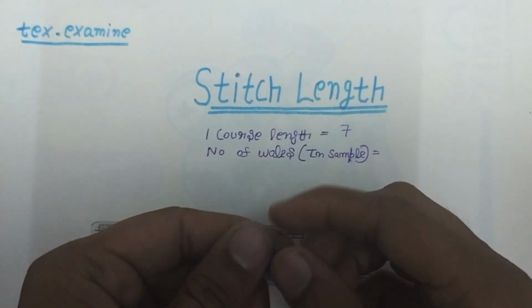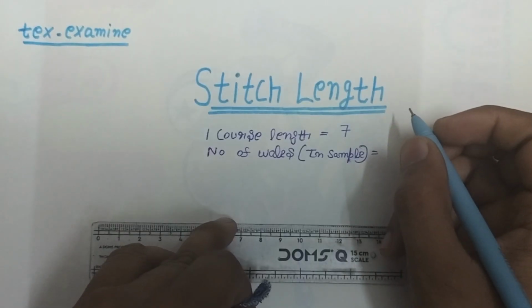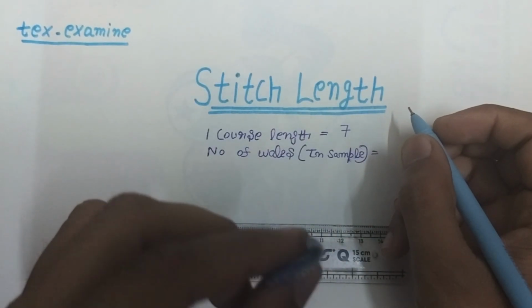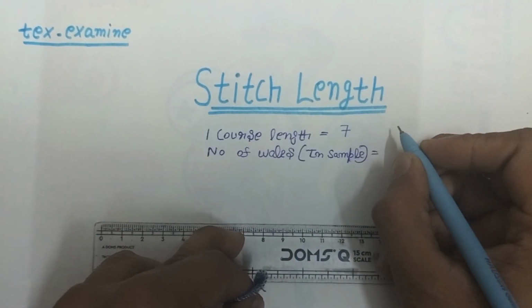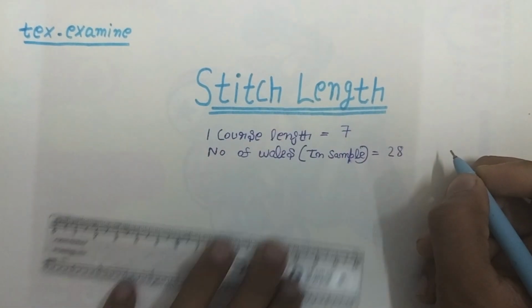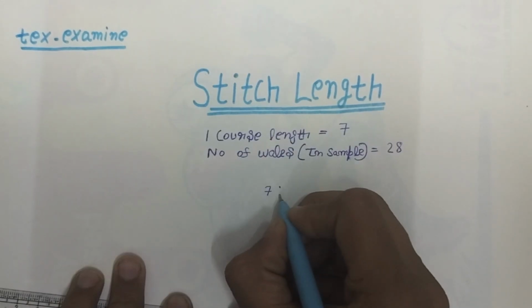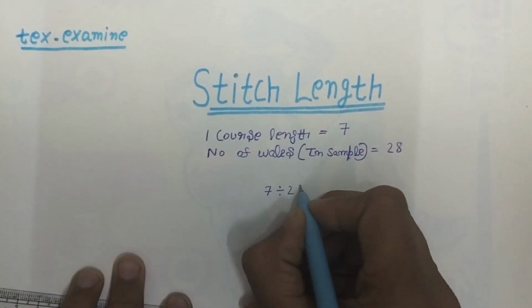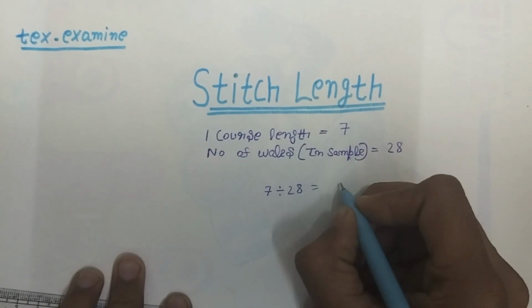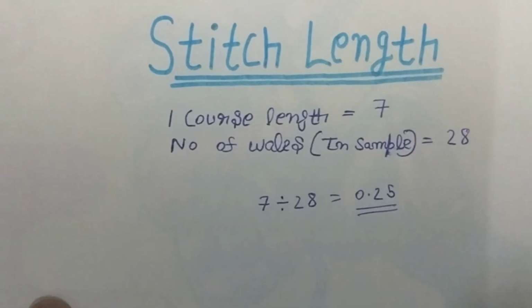And I already know, because I pre-calculated the number of wales, that it is 28. Then we have to divide both values, 7 divided by 28, and then we will get 0.25, and that is our stitch length.